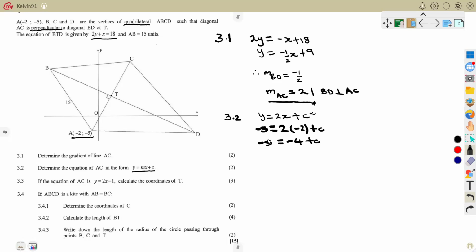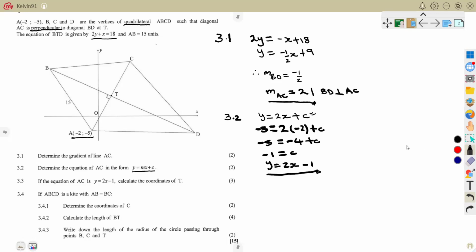Then when you do the transposing, the 4 becomes positive. So c is minus 5 plus 4. So it becomes minus 1 equal to c. Eventually, we write the equation in the standard form. So y equal to 2x minus 1. This becomes our equation.